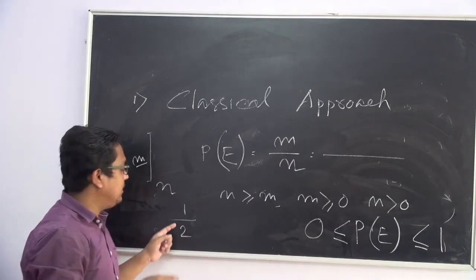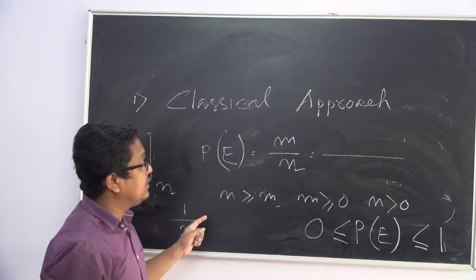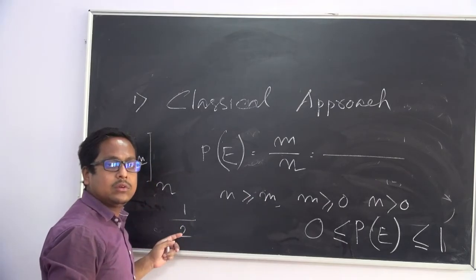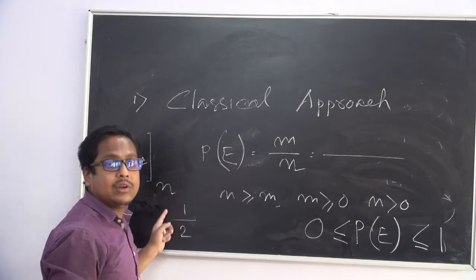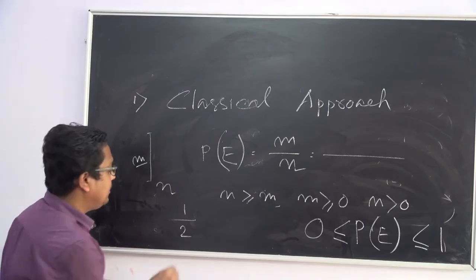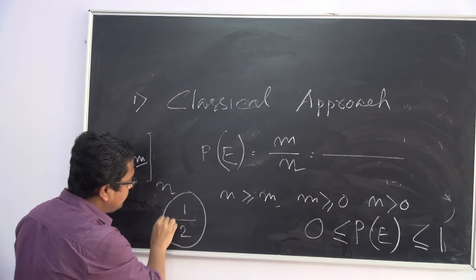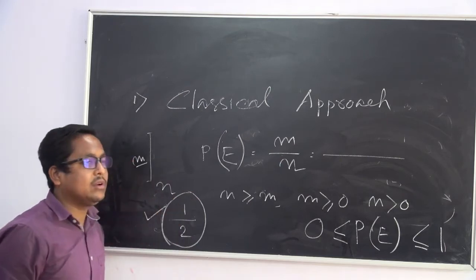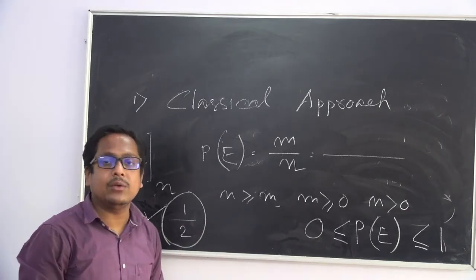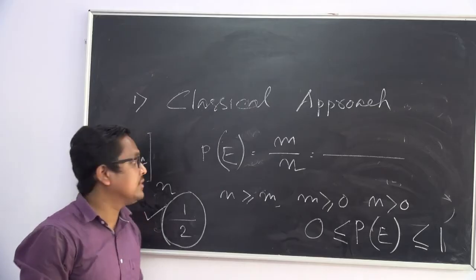Because if we toss a coin, the total number of outcomes will be 2 and the favorable number of cases will be 1 for getting a head. So before conducting a coin toss, we can calculate the probability of getting a head or a tail. That's why it is also known as the classical, mathematical or a priori approach.